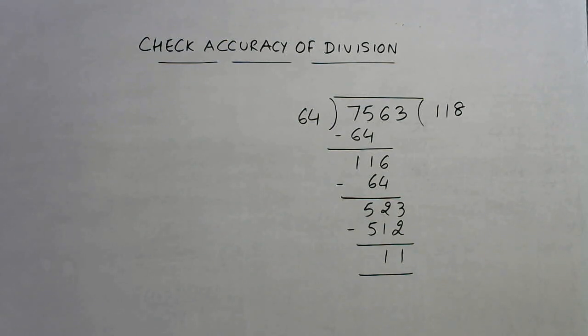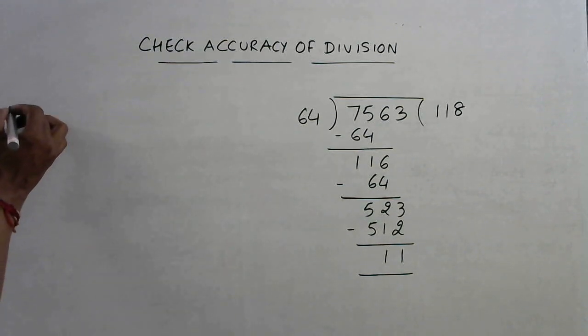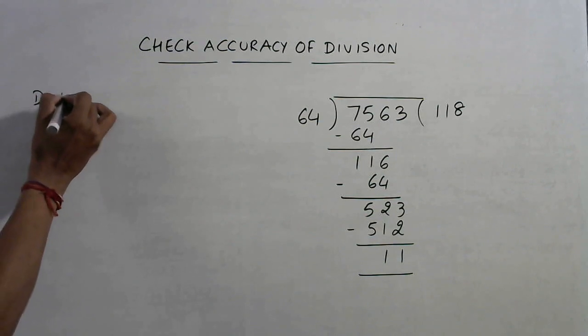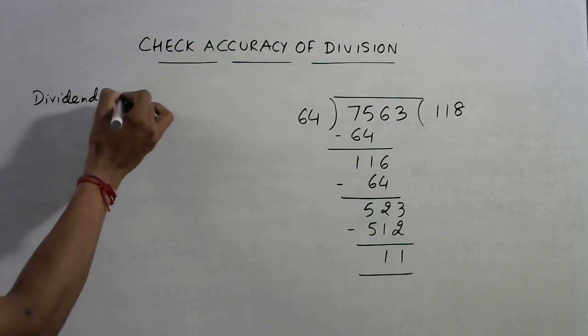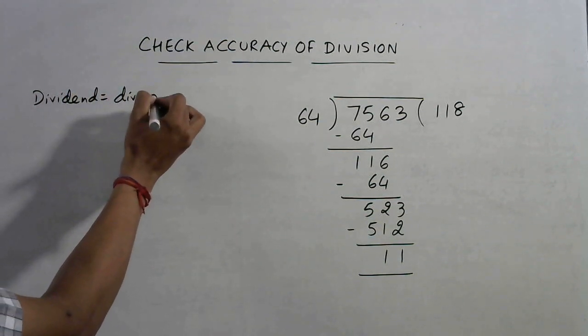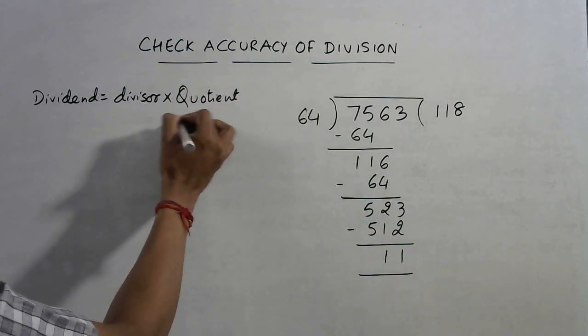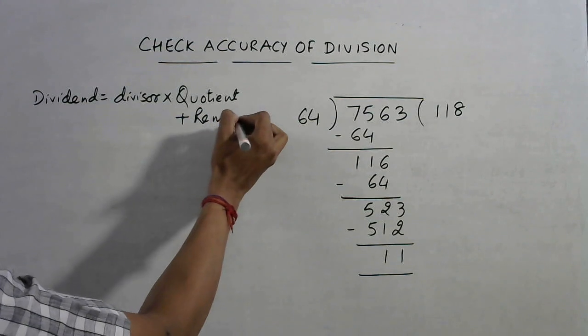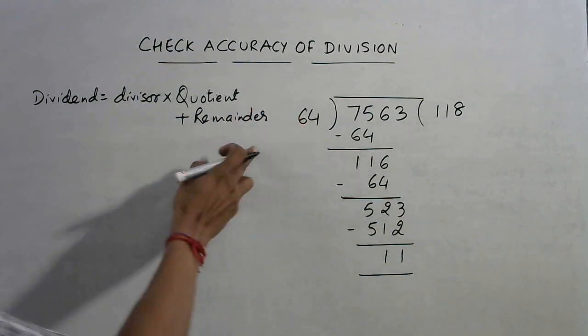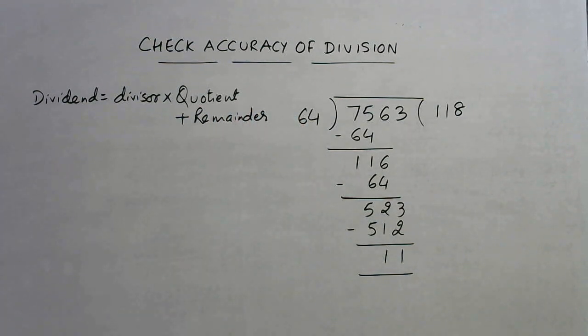Obviously, we all know the division algorithm, that is dividend is always equal to divisor multiplied by quotient plus remainder. Now this is one way of checking whether this division is correct or not.